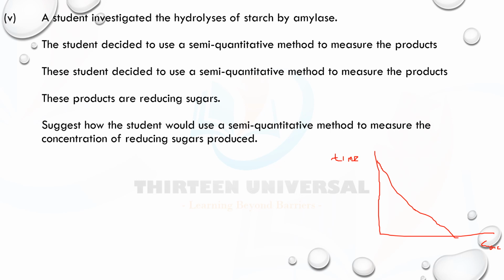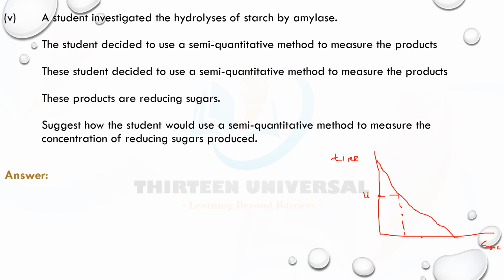Then for your unknown sample, carry out the same Benedict's test and record the time. When you get the time, extrapolate, trace the time for color change to the curve, and when you get there, take it down. Then that will give you the concentration of the unknown sample.